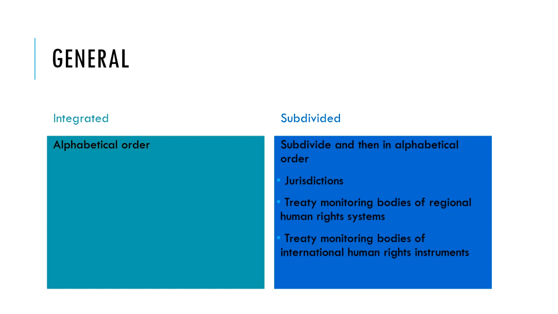In addition to different jurisdictions, it's also possible to have subheadings in your table of cases for treaty monitoring bodies of regional human rights instruments. By that, I mean the regional human rights treaty monitoring body for the African human rights system, the Inter-American human rights system, the European human rights systems. Yes, that's plural. There is more than one.